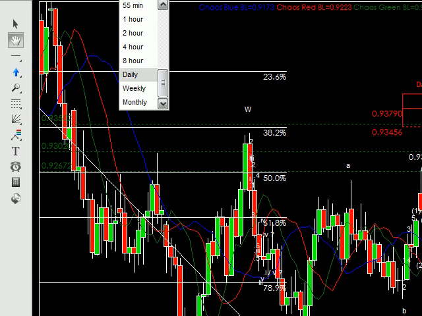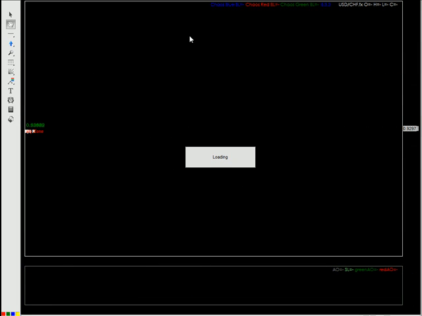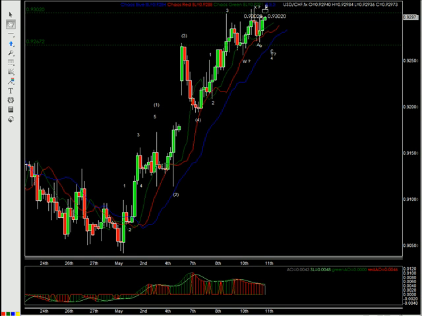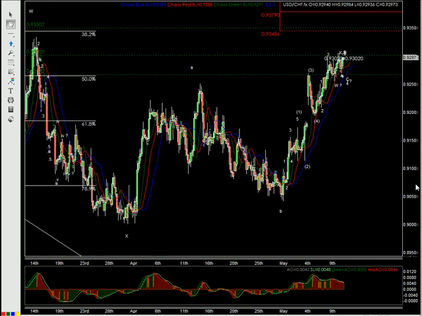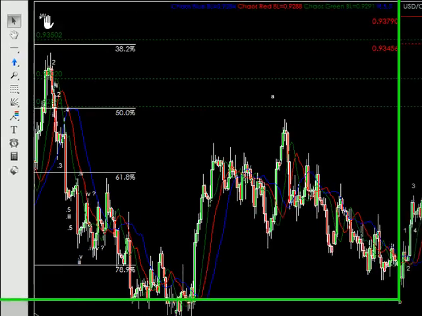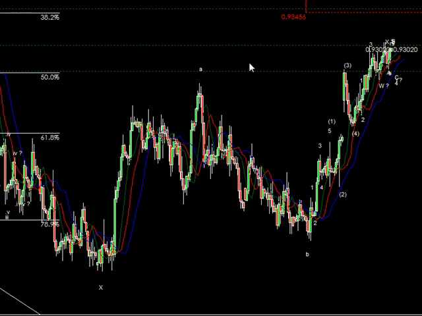So now I'm going to move down to the 4-hourly time frame. Okay. On the 4-hourly time frame, you can see that the wave A looks fairly impulsive.